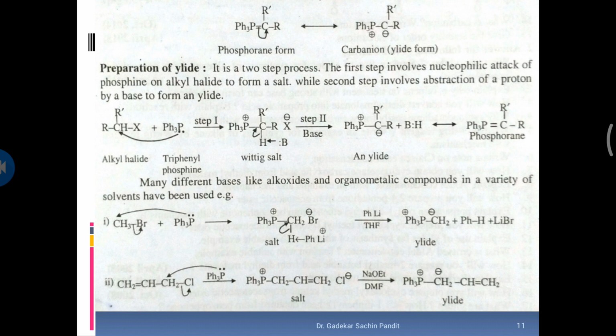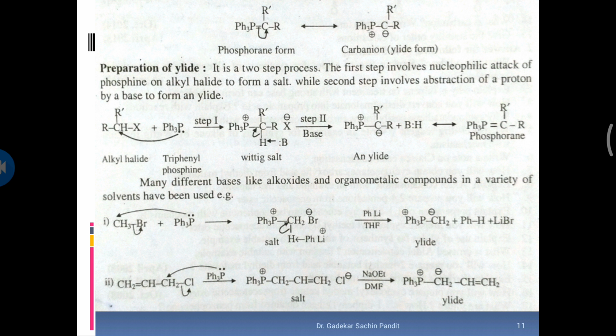So here the phosphorane forms a carbanion. Preparation of the ylide is a two-step process. The first step involves nucleophilic attack of phosphine on the alkyl halide to form a salt, while the second step involves abstraction of a proton by base to form the ylide.